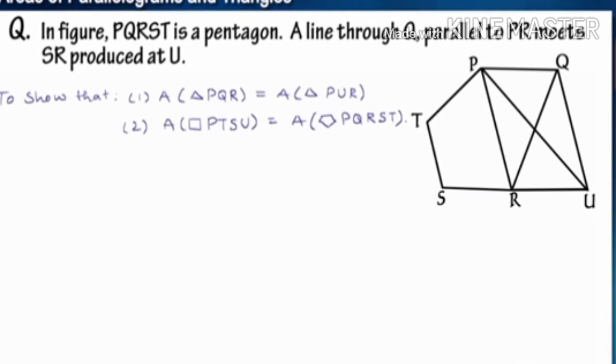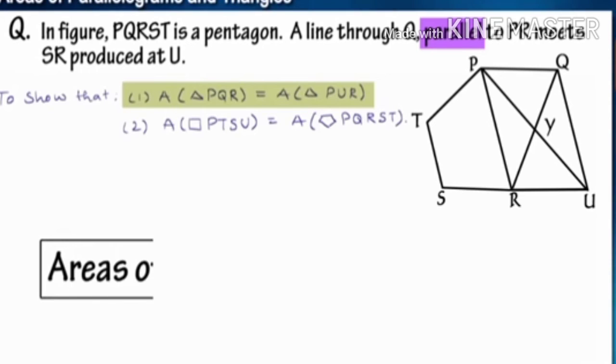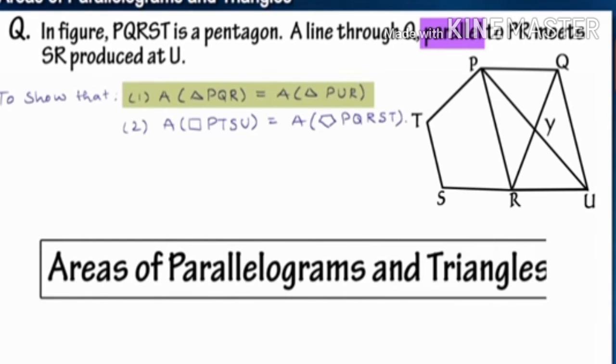Before we start, let's name the point of intersection of PU and QR as Y. Friends, if you look at the question, it has words like areas of triangles and parallel lines. So by looking at these keywords, you can directly say that the problem is based on the areas of parallelograms and triangles chapter.